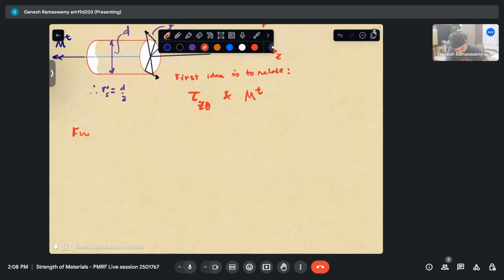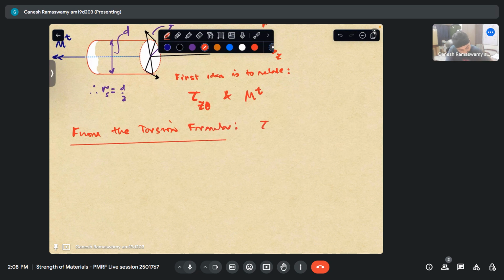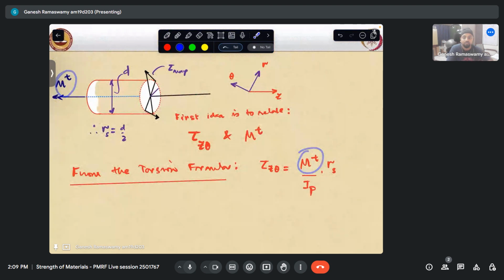So from the torsion formula, we have tau z theta is nothing but mt by ip into rs, where mt is the actual torsional moment, twisting moment applied. ip is the polar moment of inertia.